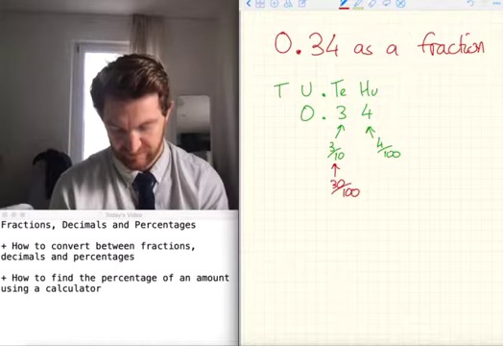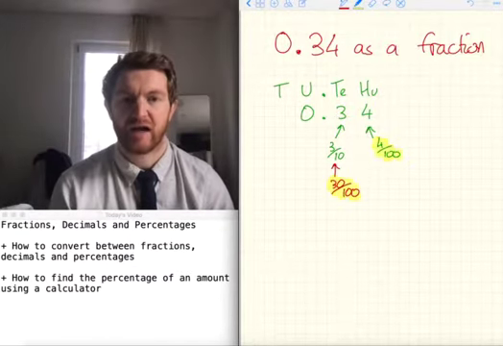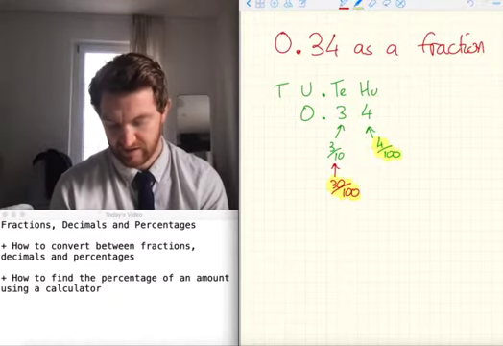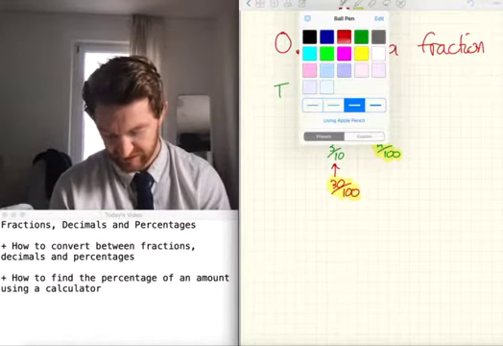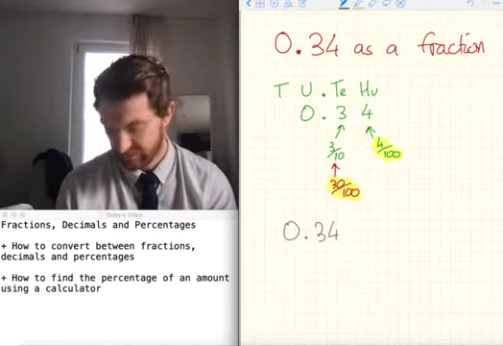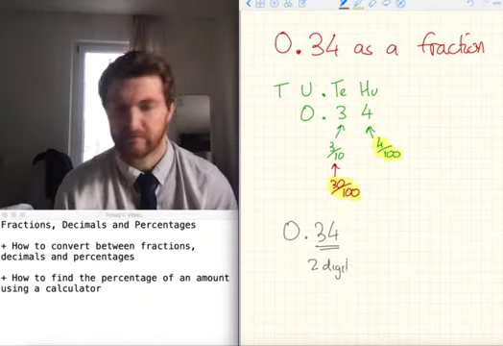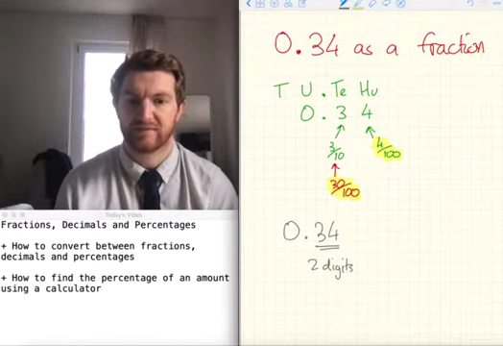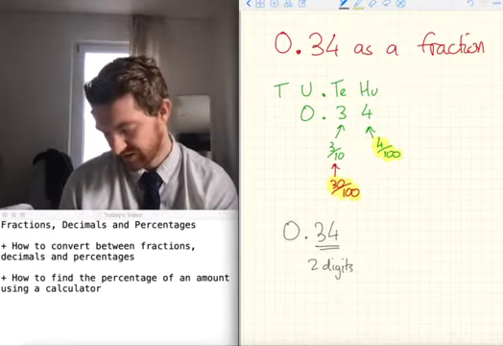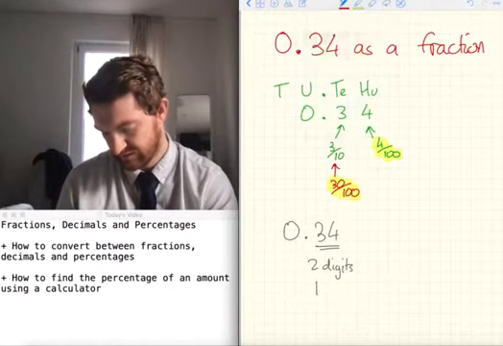And now we can take these two and we can see how many hundredths we have. That sounds all very confusing, but there's a much easier way we can do it. We look at the decimal and we say that we have 2 digits after the decimal point. 2 digits, just like 100 has 1 with 2 zeros.